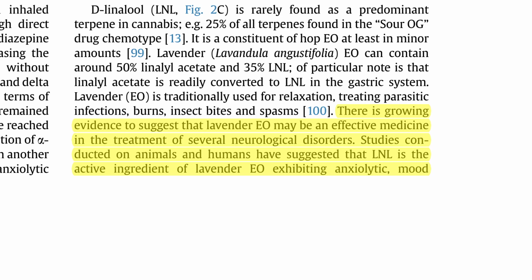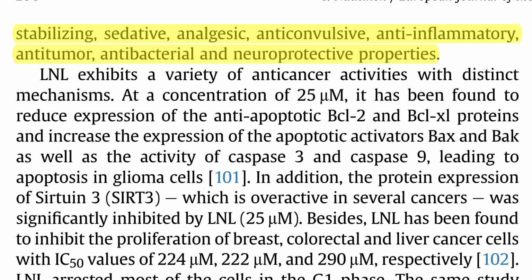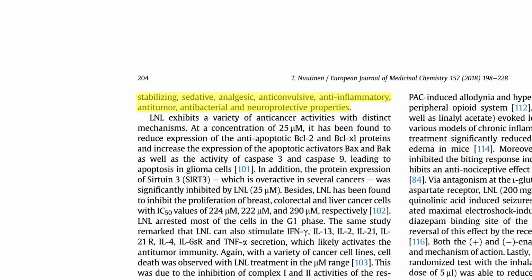Studies conducted on animals and humans have suggested that linalool has mood stabilizing, sedative, analgesic, anticonvulsive, anti-inflammatory, anti-tumor, antibacterial, and neuroprotective properties. So this is a terpene that's starting to perform about like what we expect.